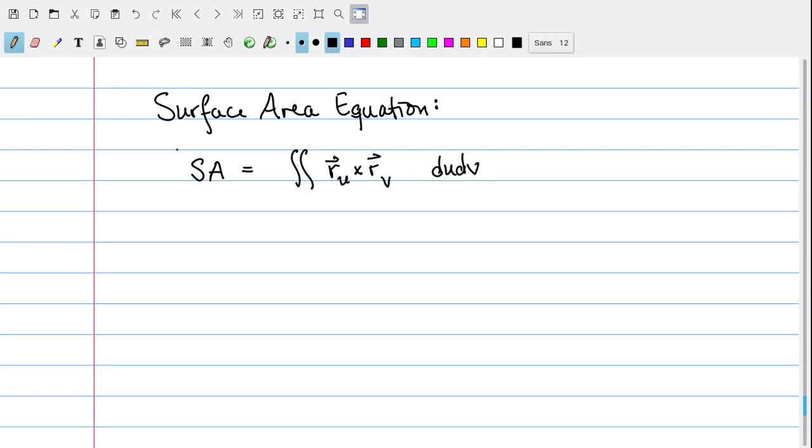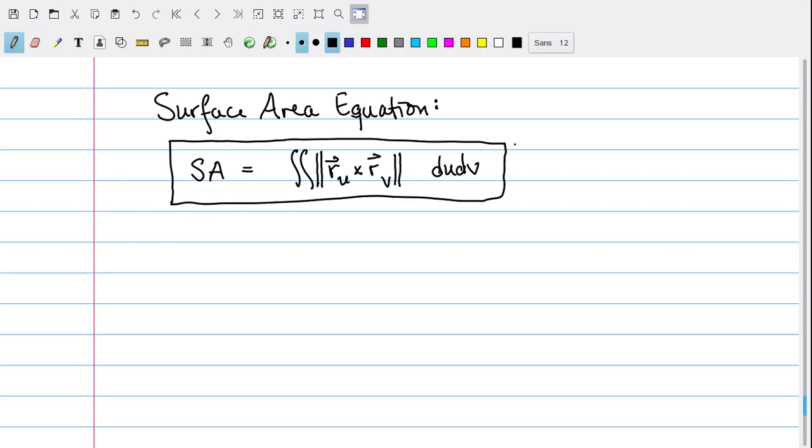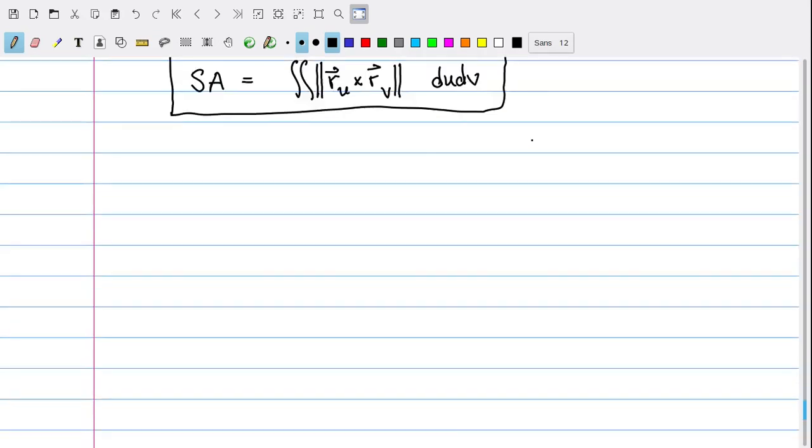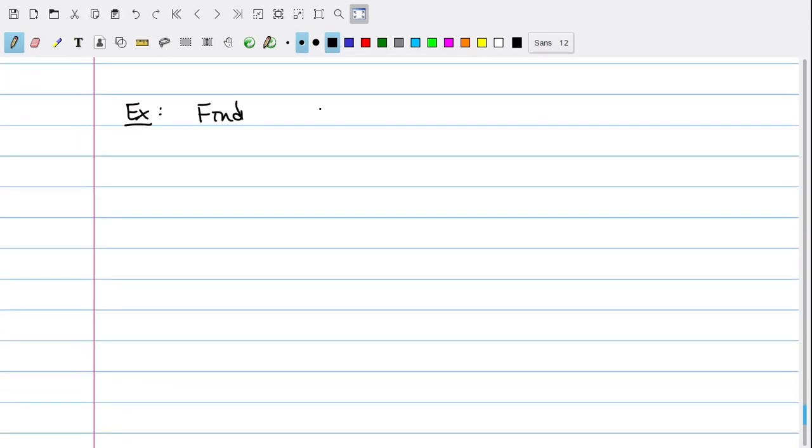And since I took the limit, this is now not an approximation, this is an equality. So this is the equation that we want to remember. The surface area is the integral of that particular expression.